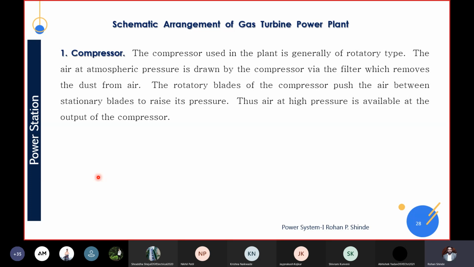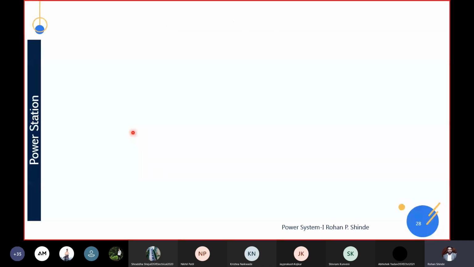Thus this air at high pressure is available at the output of the compressor.